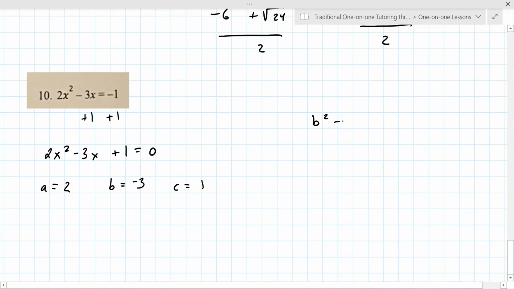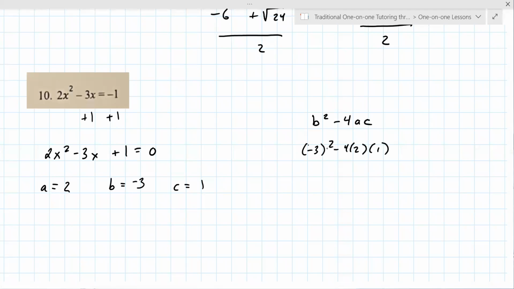All right, now this is critical here. You have to calculate B squared minus 4AC. Calculate B squared. B squared is -3 squared, minus 4, A is 2 and C is 1. So what is -3 squared?